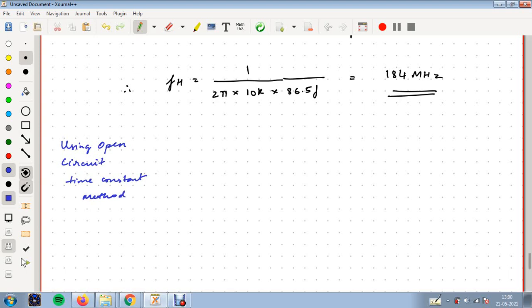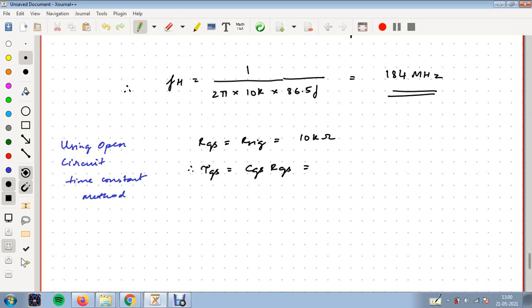Here, remember I have to find tau gs, tau gd and tau cl. For that I have to find RGS, which is the same as R signal, which is 10 kilo ohms. Therefore tau gs here is CGS into RGS.